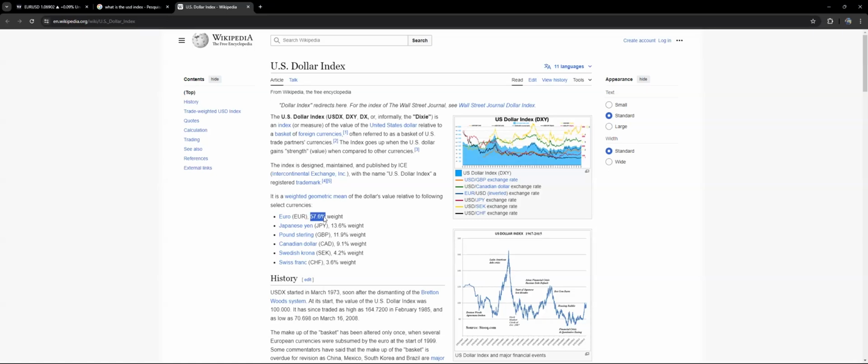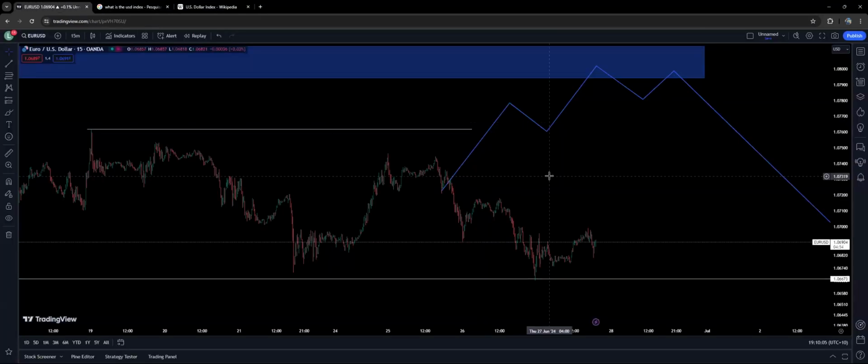And the majority being euro, having 57.6% weight, and then Japanese yen, and then pound, and so on. So that shows us that whatever is happening on euro, 57% of the time is happening differently on the US dollar index, right?